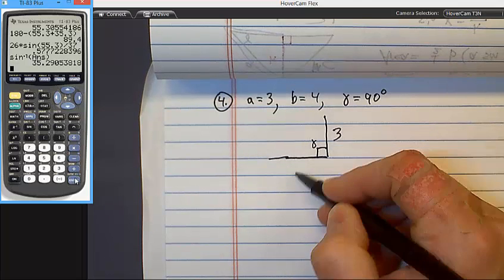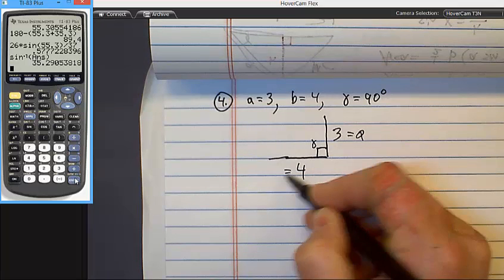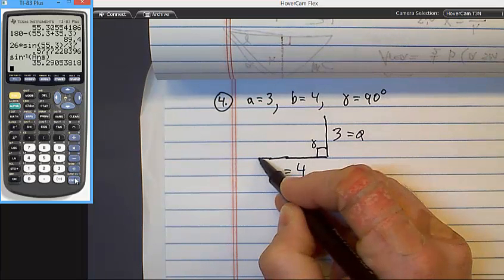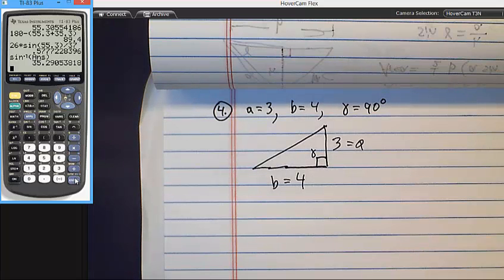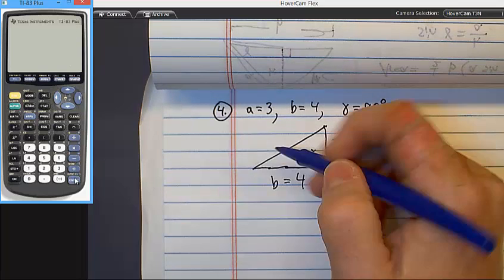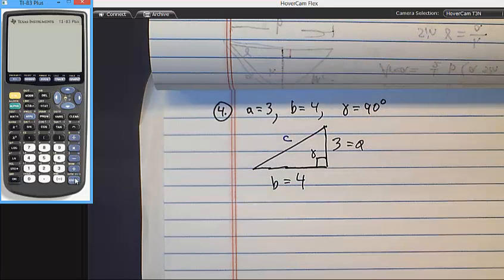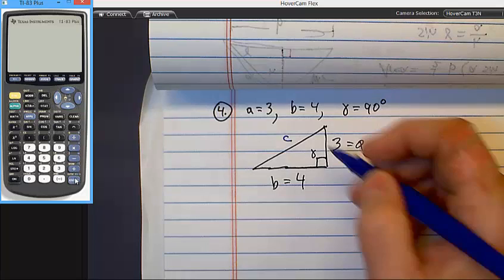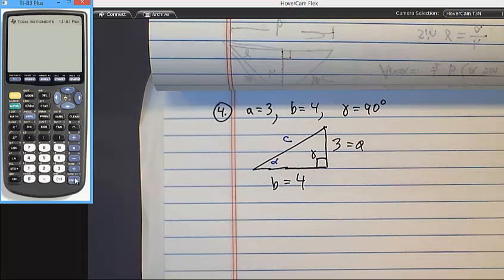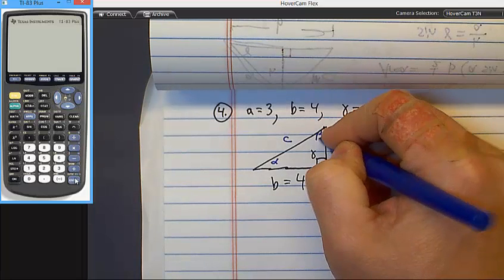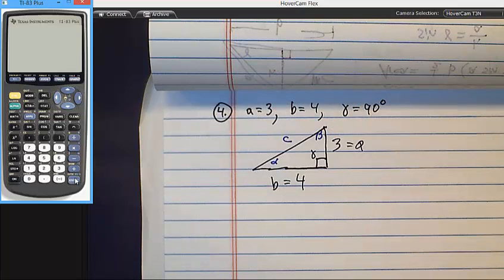This is A, and this is B. So if you think about the parts of this triangle that I still want to determine, I'll put them in blue. We want to figure out C, that's the side opposite gamma. We want to find alpha, that's the angle opposite A equals 3, and we want to find beta, that's the angle opposite B equals 4.